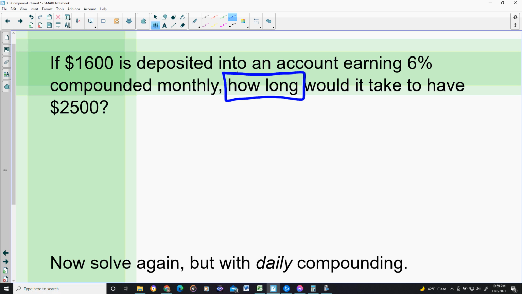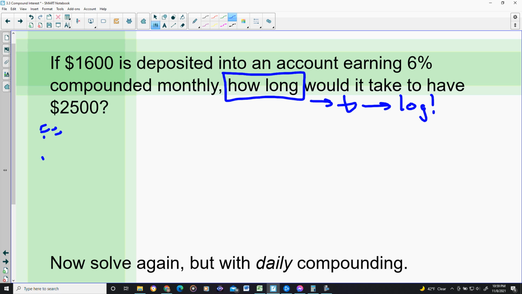how long? When you see those words, how long or how much time, you're solving for t. And when you're solving for t, that means you are going to need logarithms because t is in the exponent. So let's write it out.